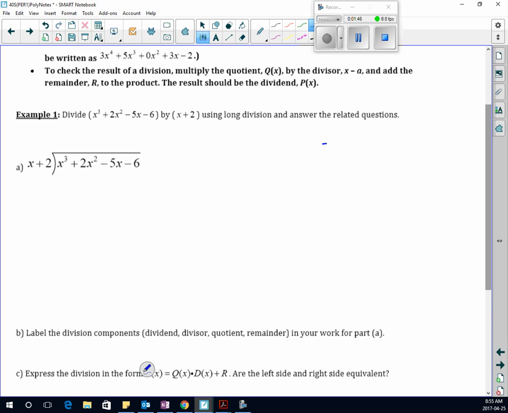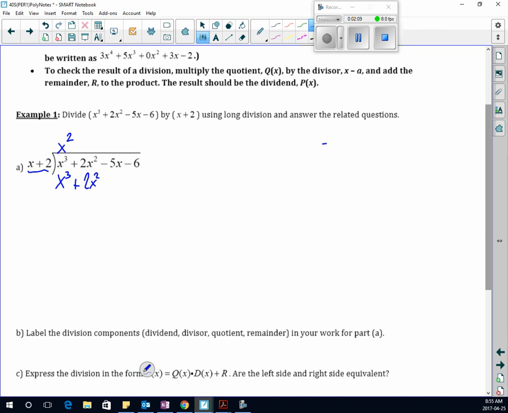Times it by x squared. So x squared times this whole thing gives me x cubed plus 2x squared. Does everybody see how I got that part?